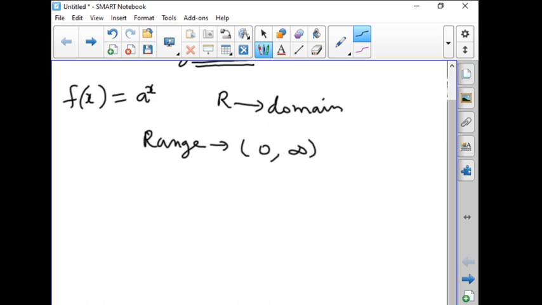And so, it has an inverse function. And the inverse function of the exponential function a power x is called the logarithmic function. So, the inverse of the exponential function is the logarithmic function.